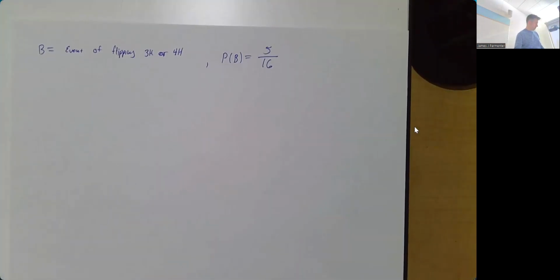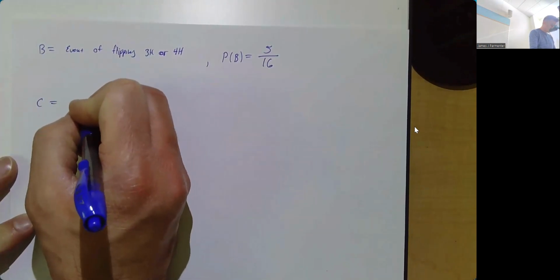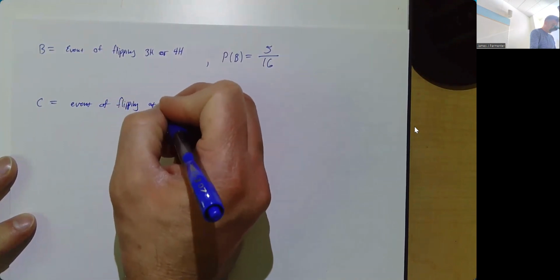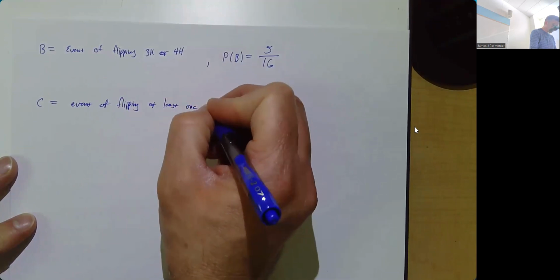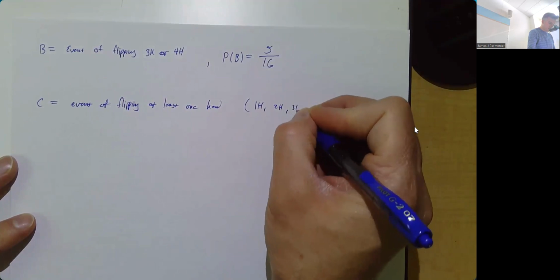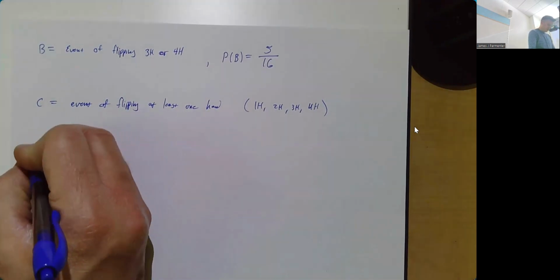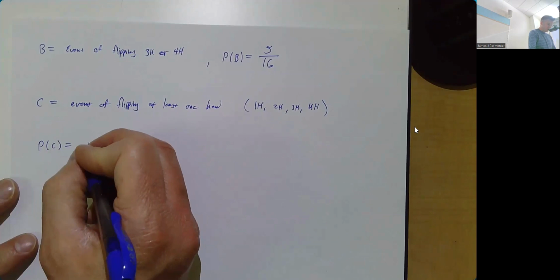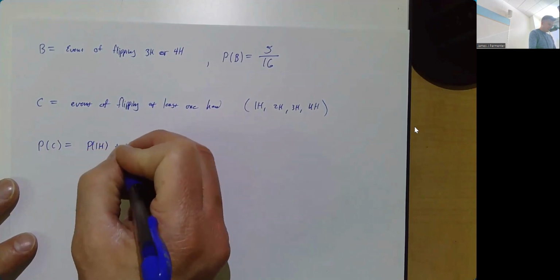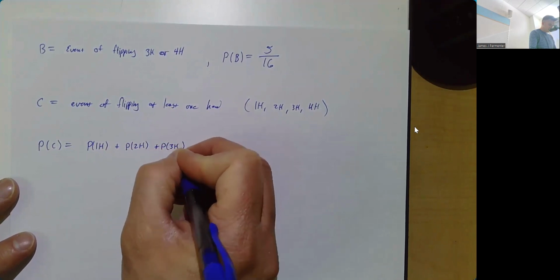So we'll do one more. Let C equal the event of flipping at least 1 head, meaning 1 head or 2 heads or 3 heads or 4 heads. So the probability of C is going to equal the probability of 1 head plus the probability of 2 heads plus the probability of flipping 3 heads plus the probability of flipping 4 heads.